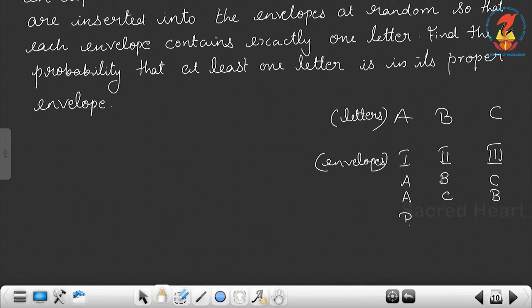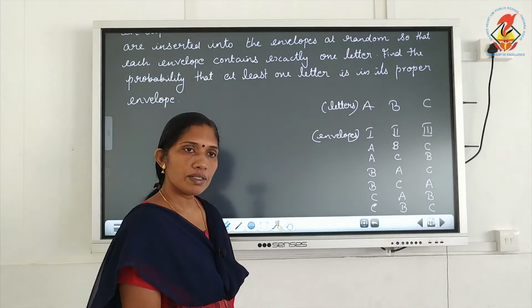Now B is in the first envelope, A is in the second envelope, C is in the third envelope. Then B in the first envelope, C second and A in the third envelope. Any more cases? C in the first envelope, A in the second envelope, B in the third envelope. C in the first envelope, B in the second envelope, A in the third envelope. Any other cases?